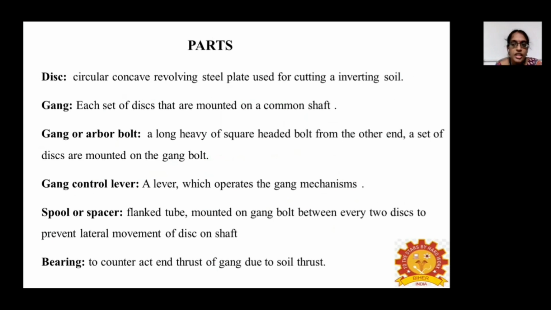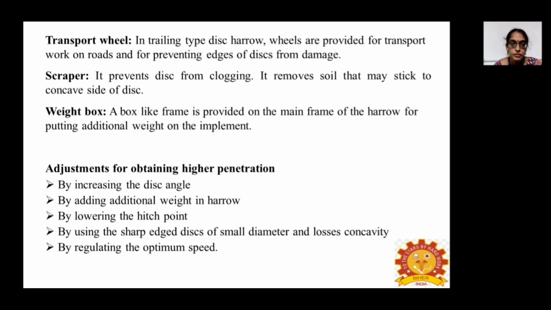It also helps to maintain fixed spacing between the discs, and the bearings prevent the end thrust, and the transport wheel helps in transport and movement from one place to another. So the weight box is to put additional weight.